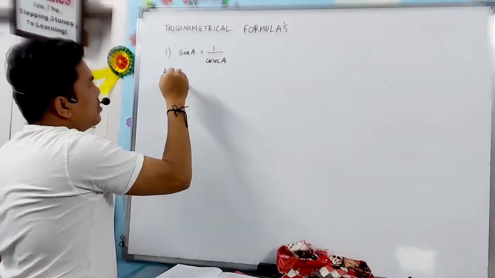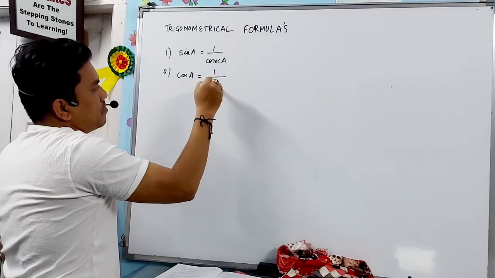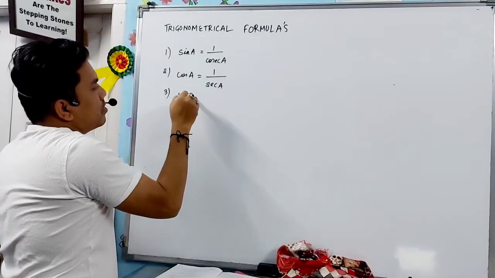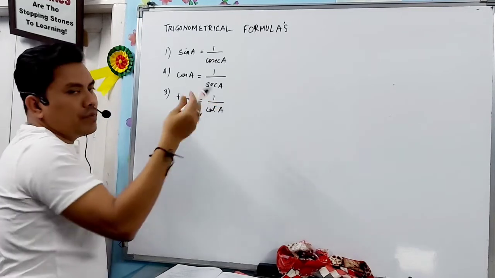Number 2, cos A is equal to 1 by sec A. Number 3, tan A is equal to 1 by cot A, and vice versa.